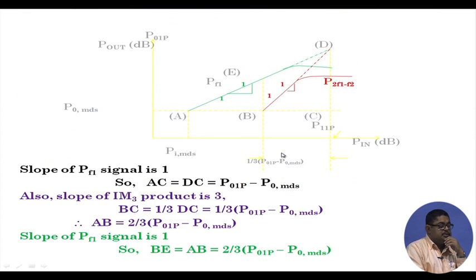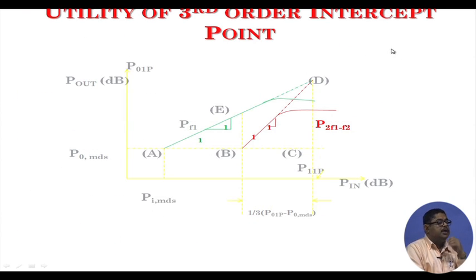Now, what is the utility of the third order intercept point? You see that this is my actual linear graph. Obviously, this is extrapolated here because it is going to the intercept point. The red one is showing the third order intermodulation signal, and at this point you see it is catching up.